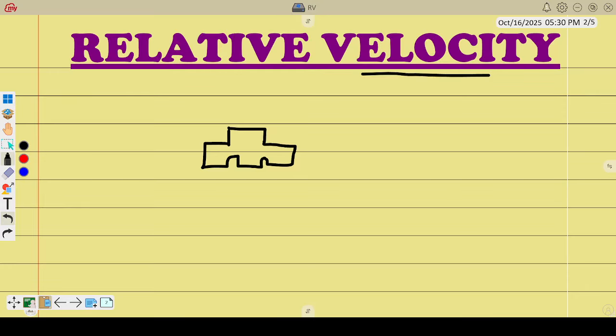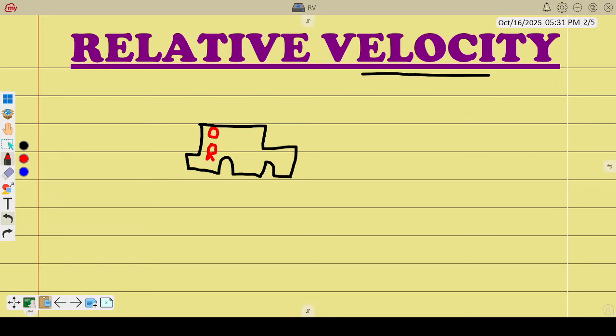Since we can see the screen now, I was saying relative velocity is when we compare the velocity of two things. Let me give you this example. Let's say we have a car like this, and in this car, maybe in the back seat, we have two people seated.